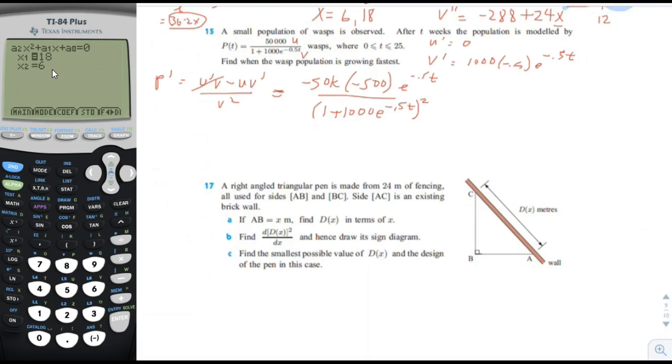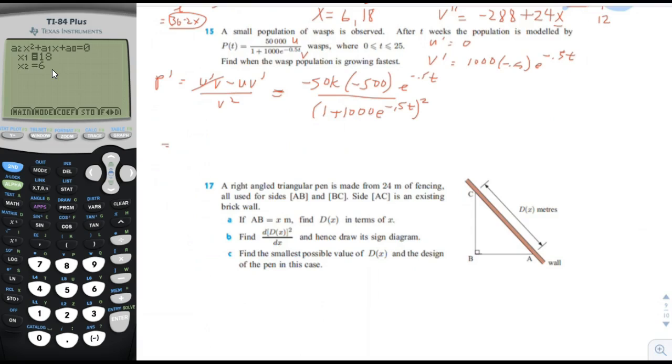Ugh. Okay. So that is our derivative function. And we want to see when the wasp population is growing the fastest. So we need to see where the stationary points are for this big mess.